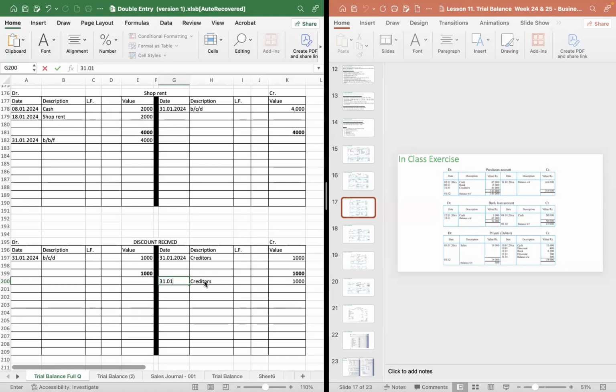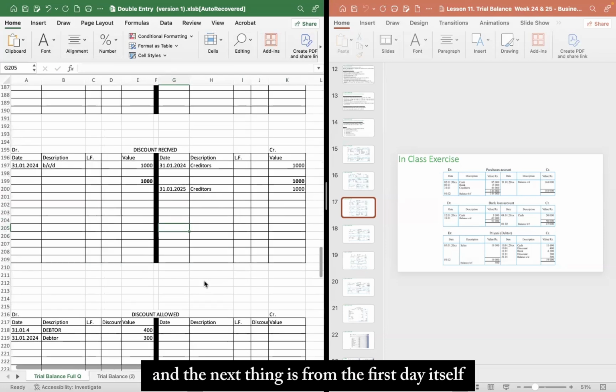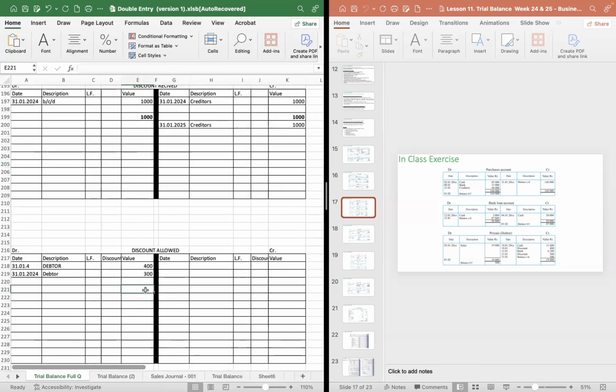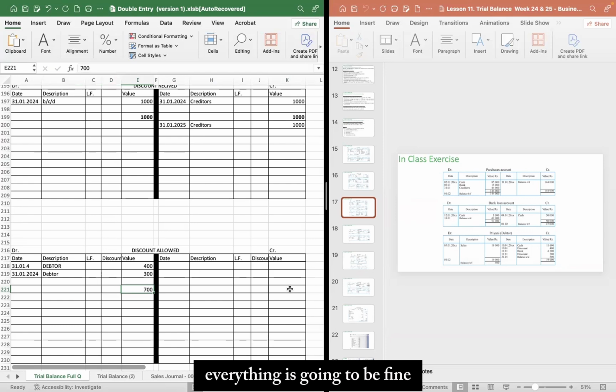Right? Whatever the subject you do, you should choose a very good class. හරිද? And the next thing is from the first day itself හරියට වැඩ ටික කරගෙන යන්න. දැන් හිතන්නකෝ ඔයගොල්ලොන්ට 9 A's නැත්නම් 10 A's හම්බෙලා, don't think that because of that reason everything is going to be fine. හරිද? That story ends there.